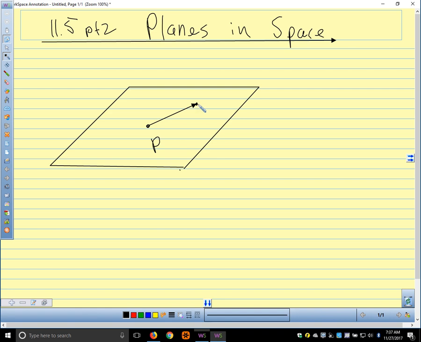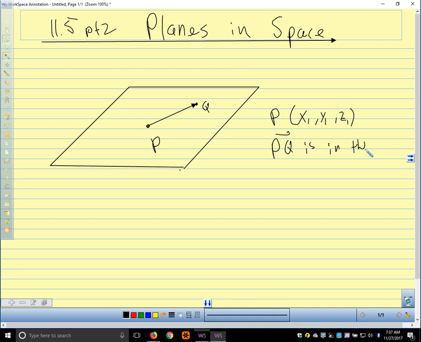There's Q. So we're going to say P is point x1, y1, z1. So that's a point that we know is in the plane. And PQ is in the plane. So Q is just some arbitrary point in the plane.